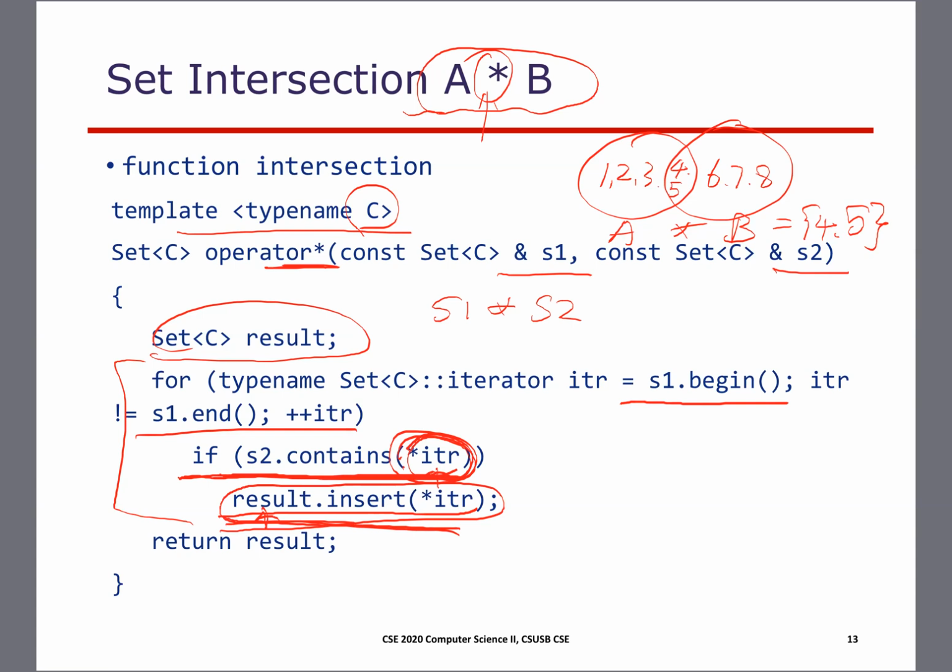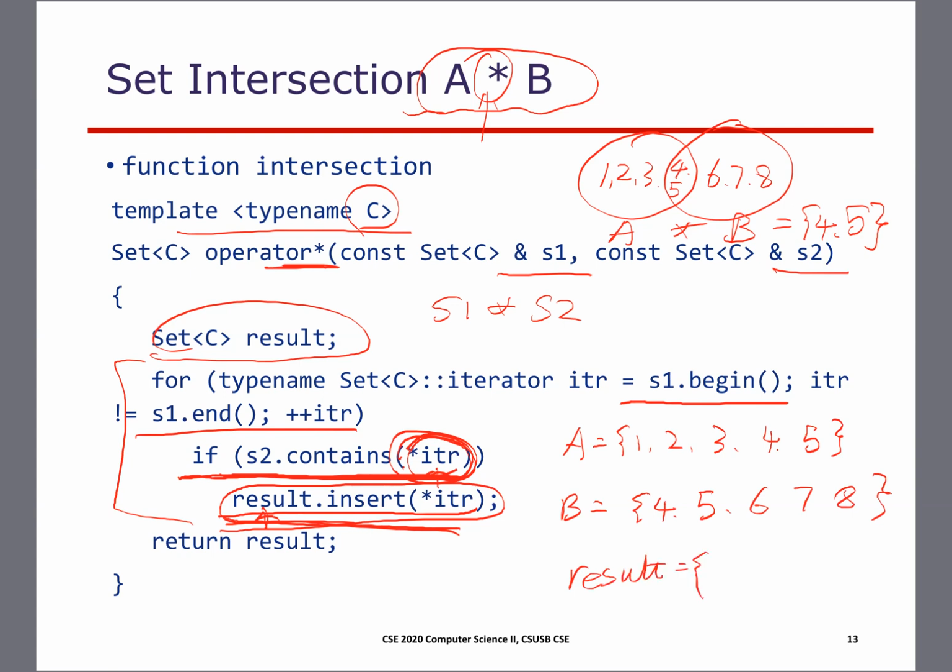Okay, I will use this example: A is 1, 2, 3, 4, 5, and B is 4, 5, 6, 7, 8, and the result.